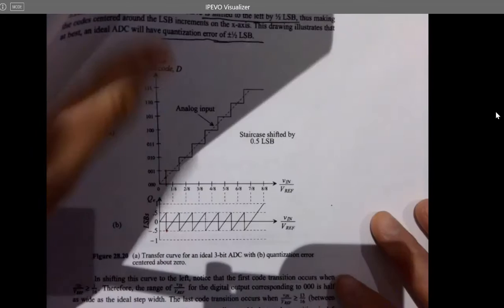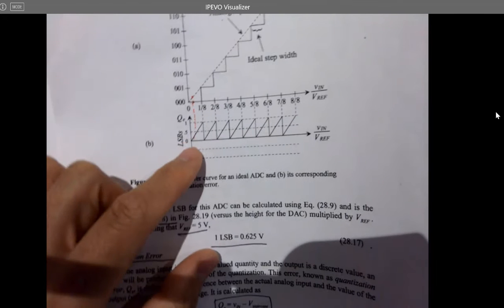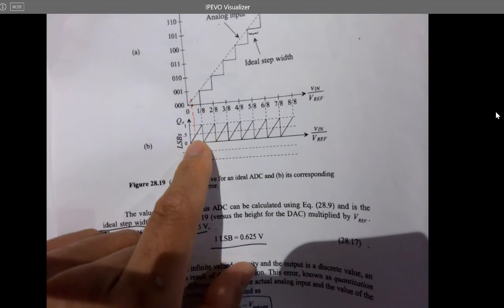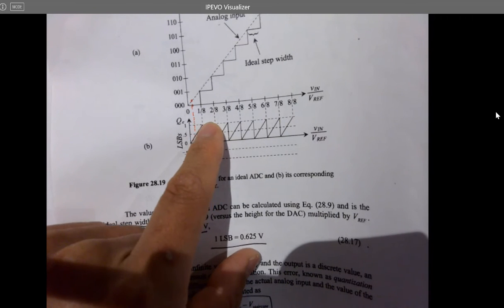Now, you can see here the quantization error is always larger than 0. So the average quantization error is pretty large because it's always larger than 0 and bouncing back from 1 LSB.